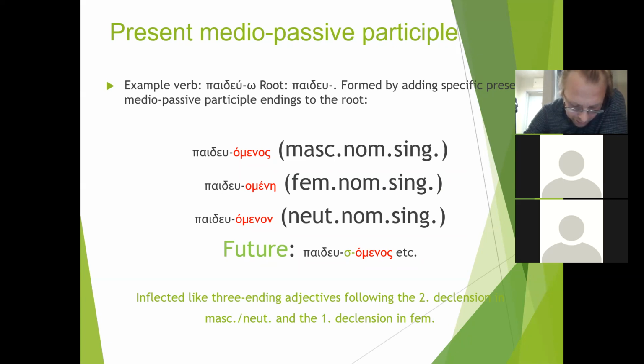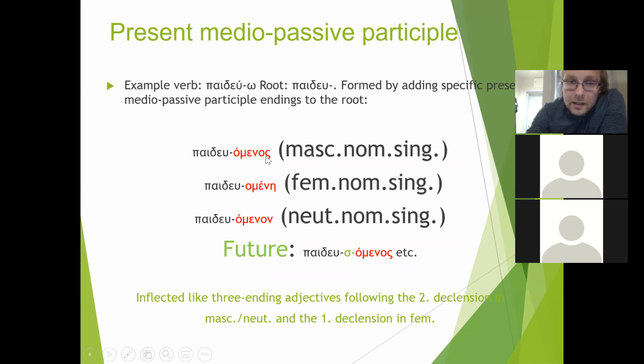They consist of the stem followed by a thematic vowel, omicron, and the endings menos in the masculine, mene in the feminine, and menon in the neuter. So accordingly, the masculine nominative singular is paideuomenos, in the feminine nominative singular it's paideuomene, and the neuter nominative singular is paideuomenon.